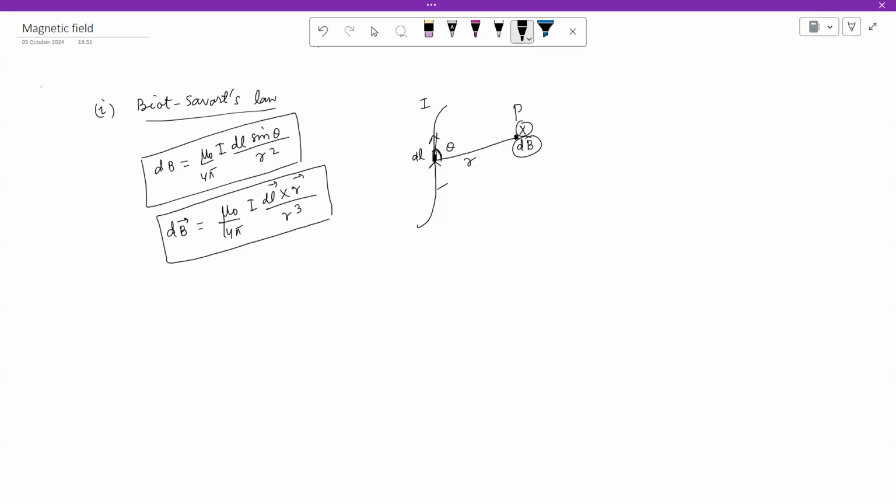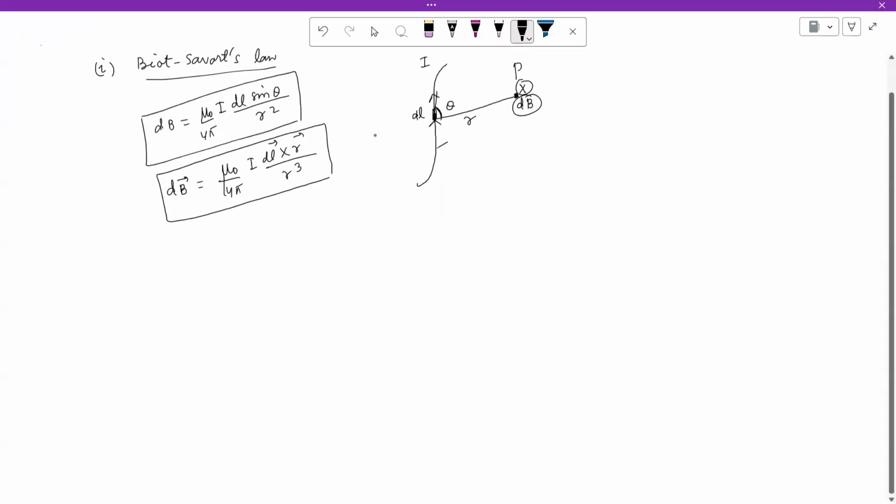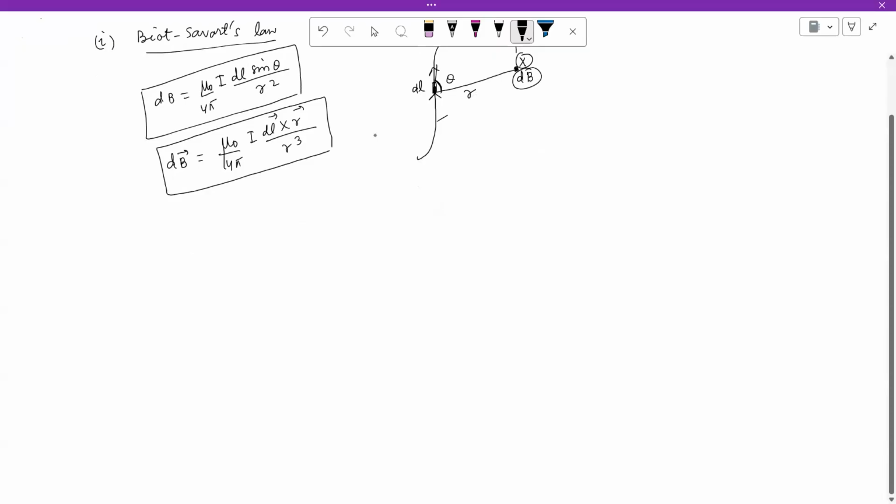Okay, so using this law, we calculate the magnetic field of different kinds of wires. Mainly, we have two kinds of wire. One is straight wire, and the other one is circular wire.